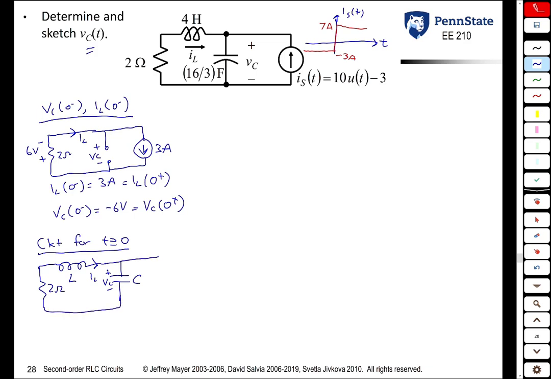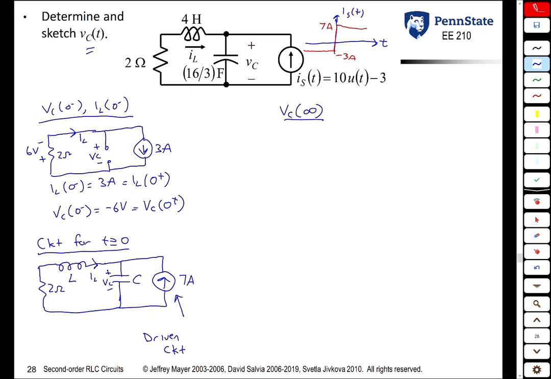And now the current source is 7 amps pointing up. And we see because of this current source here, it's now a driven circuit. So what we need to do is solve another DC steady-state problem. This is at infinity. Specifically, we need to find Vc at infinity.